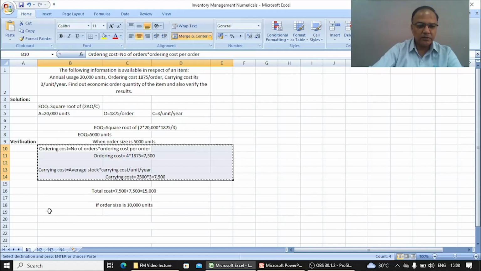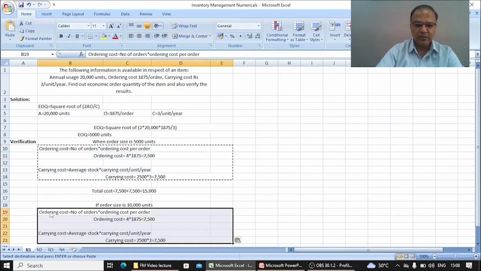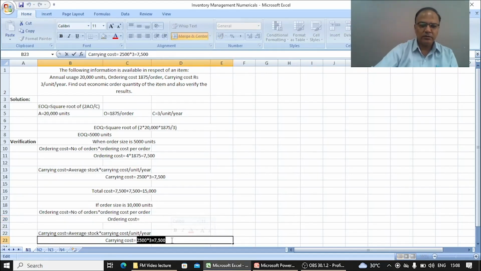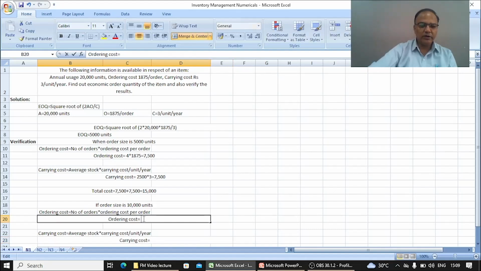Let's copy it so that we may reduce some time. Ordering cost is equal to number of orders into ordering cost per order.